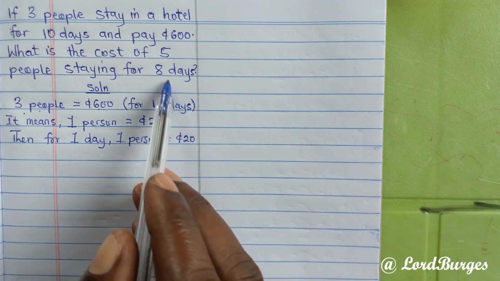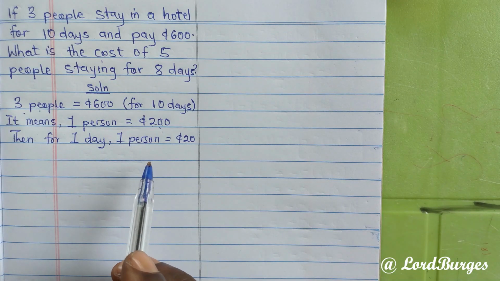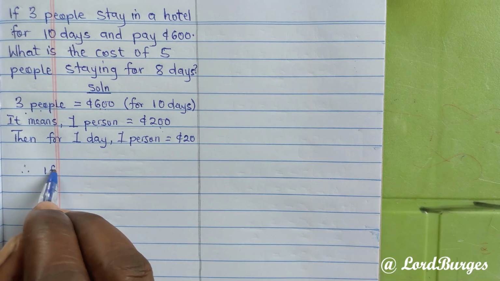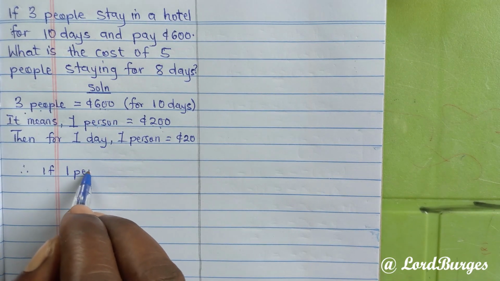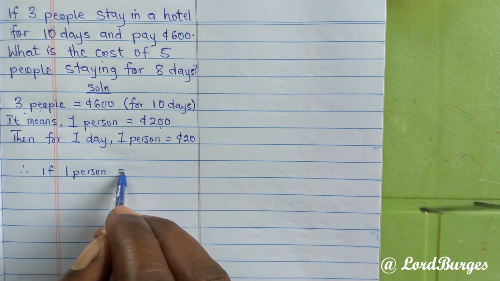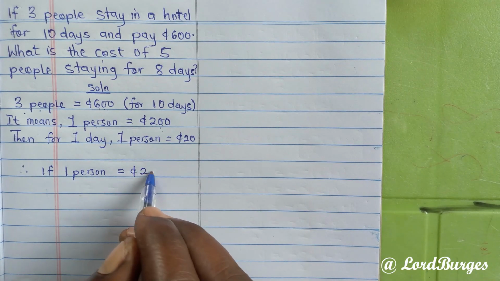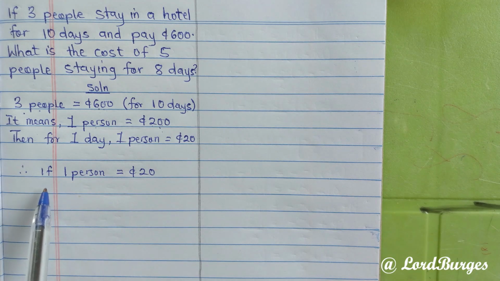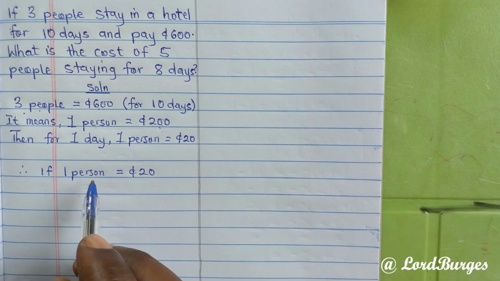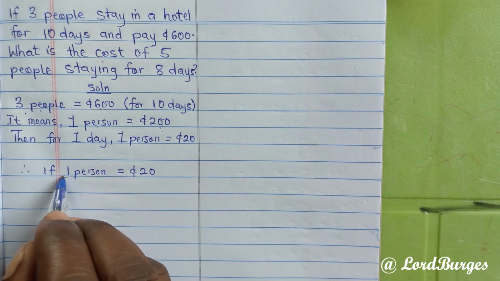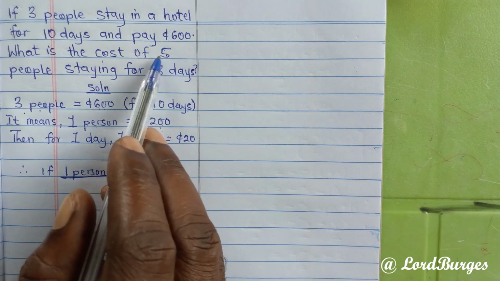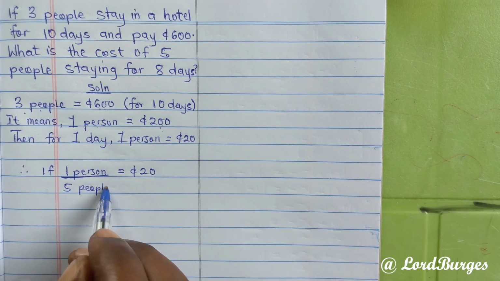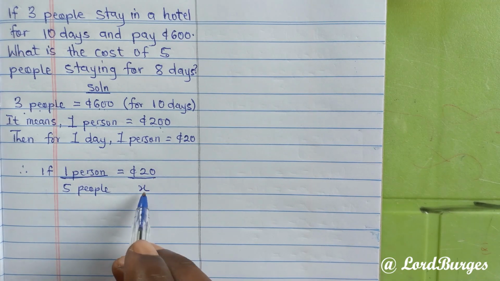Now we can use this to get the amount for the 5 people. Therefore, if one person pays 20 cedis for one day, then the 5 people will pay how much for a day?